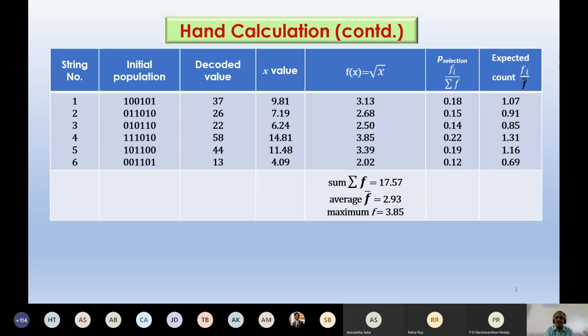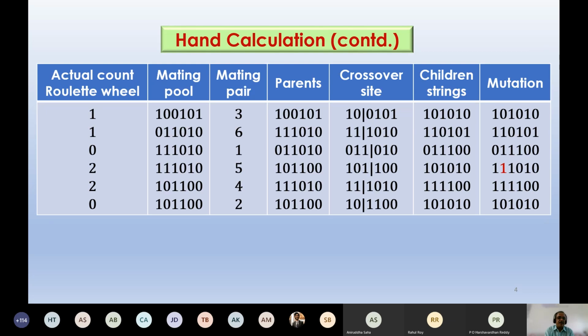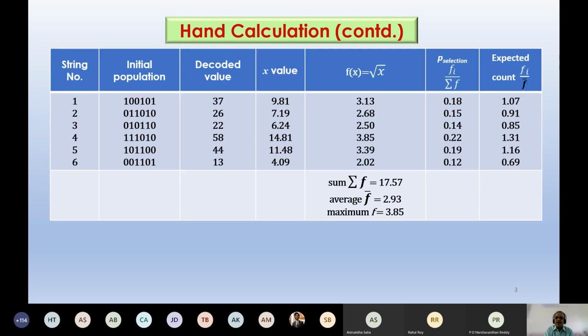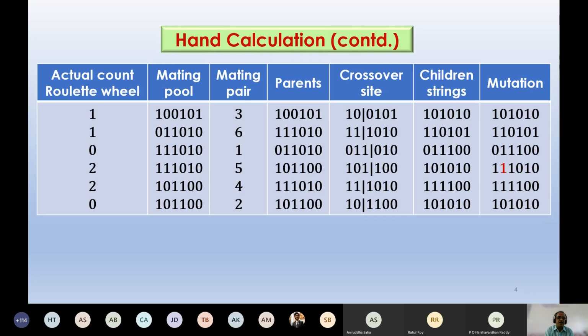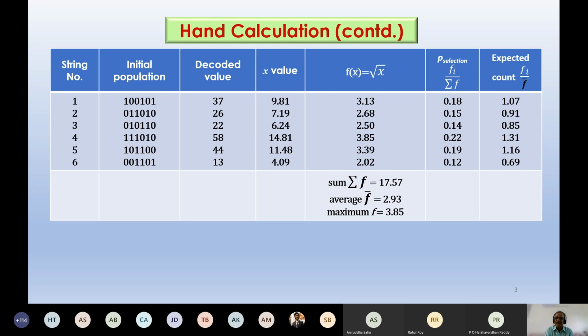Then the second is 0.91, and I have given 1. Then comes the expected count of 0.85, but the actual count is 0. It is not copied at all, because the expected count is a probabilistic value. It is not deterministic. So we may get it, may not get it.